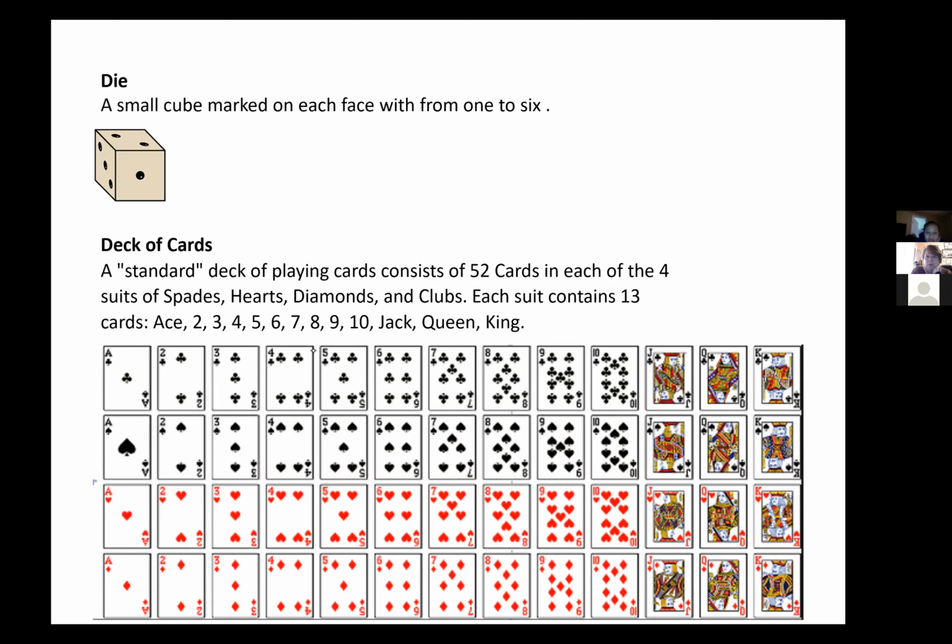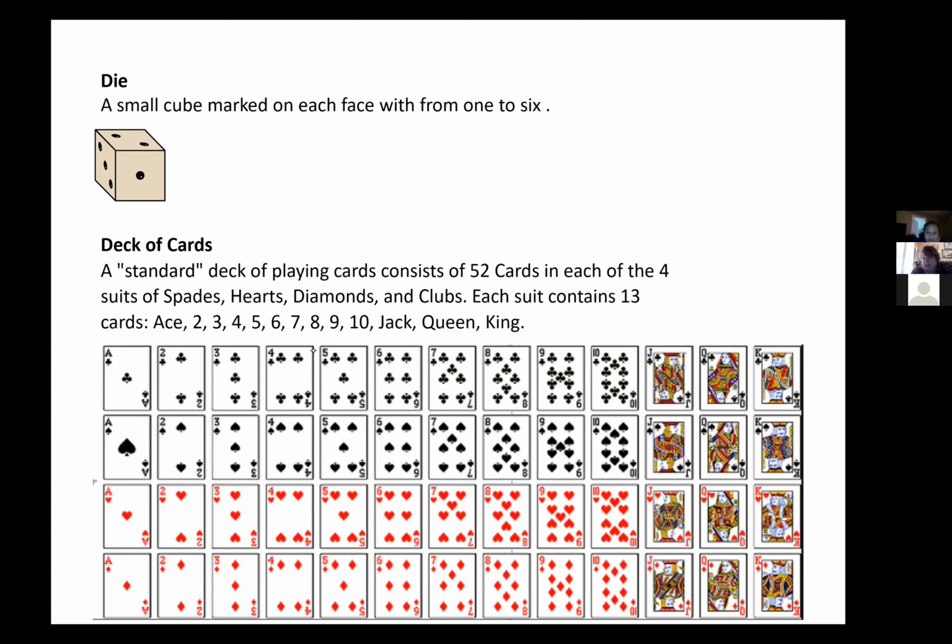So the first thing that we use as an item in an experiment quite often is a die. And a die is a cube, a three-dimensional shape, and each side of this cube has a number on it, and the numbers range from 1 to 6.